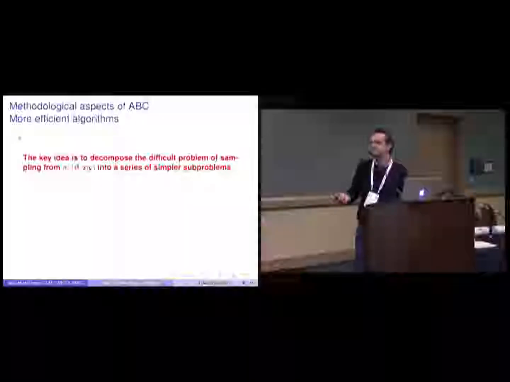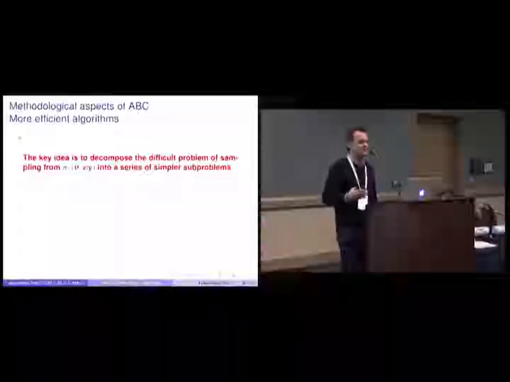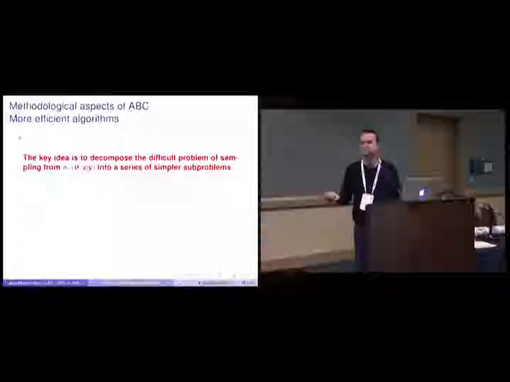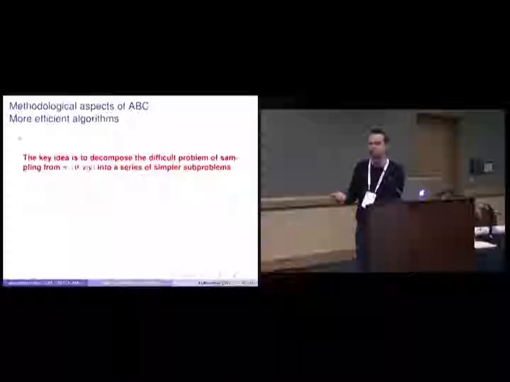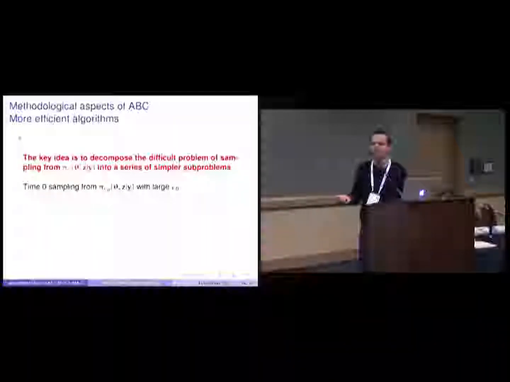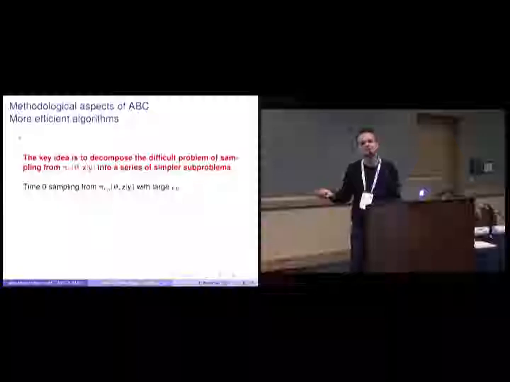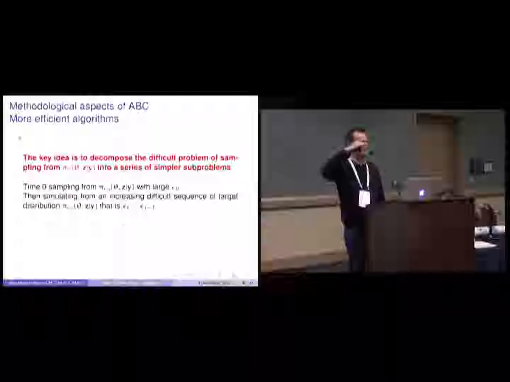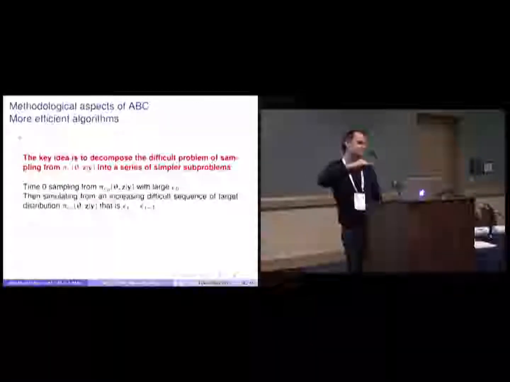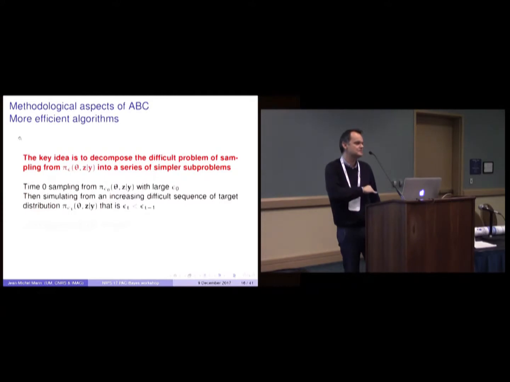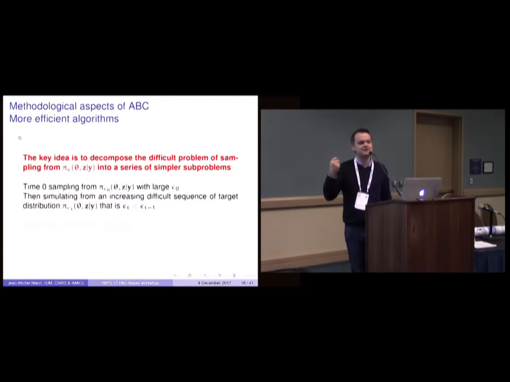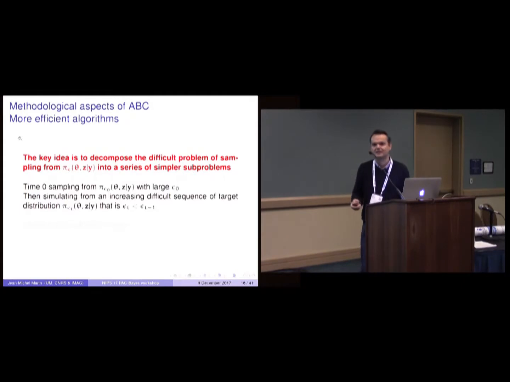The key idea is to decompose the difficult problem of sampling from this ABC target when epsilon is small, it's very difficult to sample from this, into a series of simpler subproblems. At time 0, you sample from this distribution with a large value of epsilon, and then you use this approximation corresponding to this large epsilon as prior for the next step, and you decrease the value of epsilon. This is a sequential Monte Carlo idea, and it can work quite well, but as I will explain later, it's extremely difficult to calibrate. So, let's see.